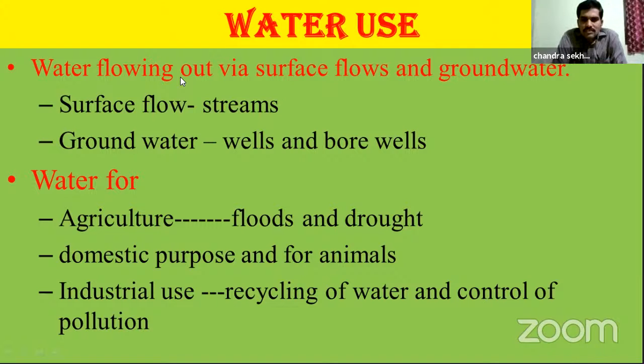These industries need so much water. That's why most industries are setting up on river banks where sufficient water is available. In those places only, industries give importance to establishing themselves. Then they will get sufficient water for their industrial usage. So we need more water for industrial usage.